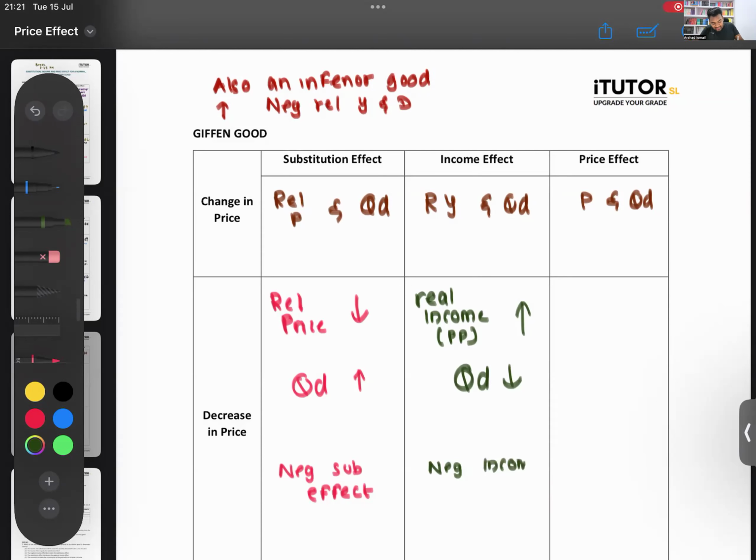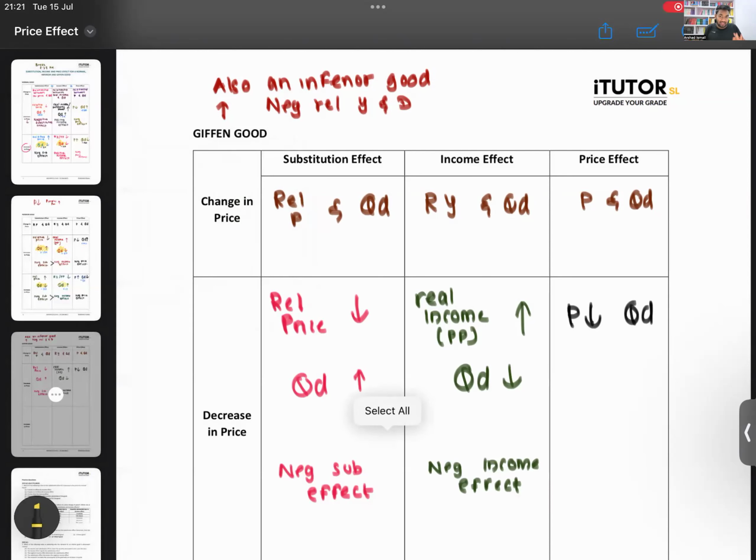Now again, there is a problem. Price effect is the combination of this. So if the price reduces, what will happen to QD? Substitution effect is saying, look here, if the price decreases, based on us, QD should go up.